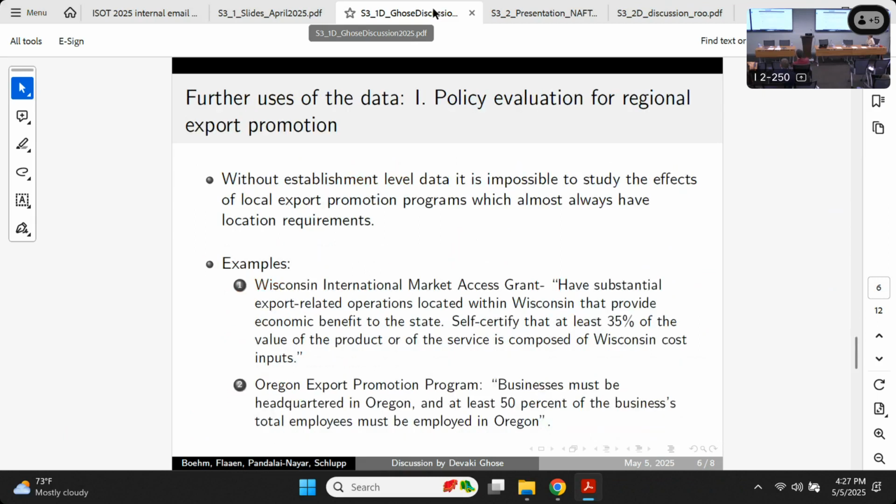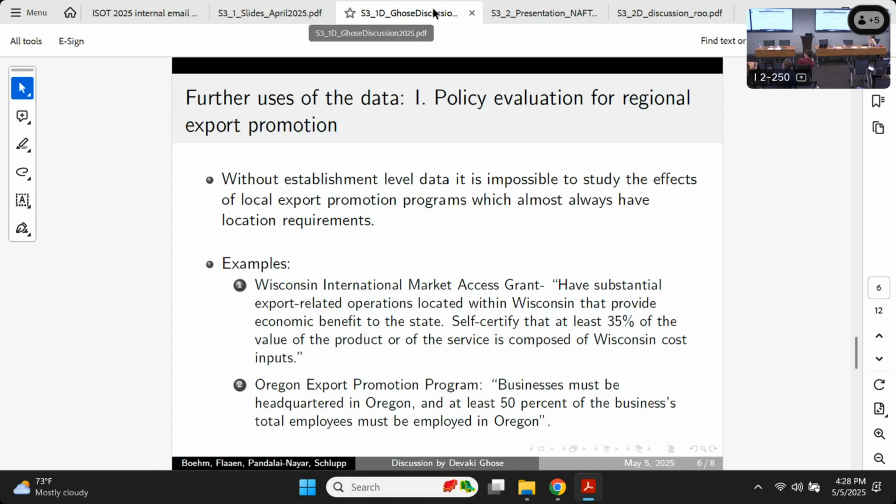And in that same vein, I also thought that there is a lot of work in the bank on export promotion. That's what came to my mind first, because when I looked at what kind of export promotion exists in the US, I found that almost every state has some kind of export promotion policies of its own, and almost all of them have some sort of local content requirement.